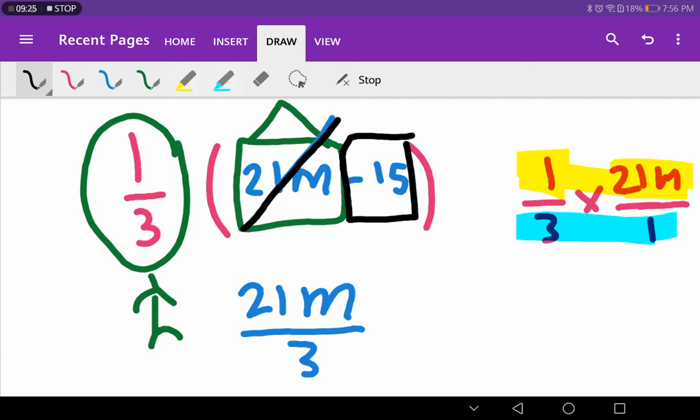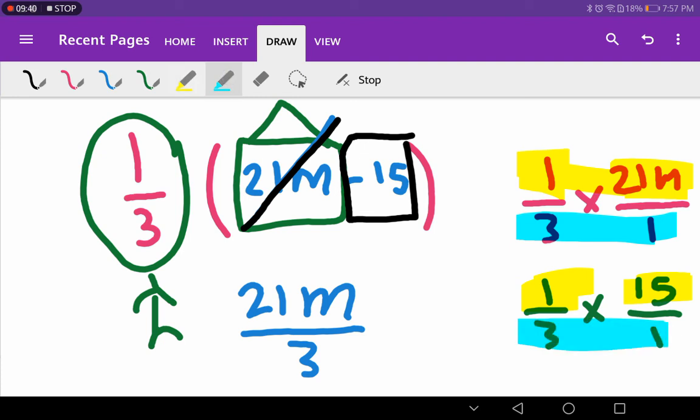Now Ali will visit his farm, negative 15. Actually, you do it like this: 1 over 3 multiply by 15 over 1. Up with up and down with down. It is negative, remember, so it will be negative 15 over 3.